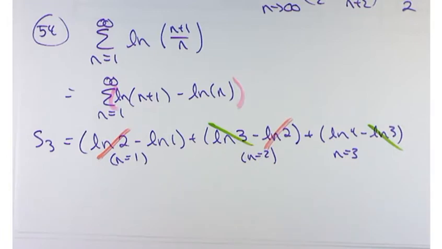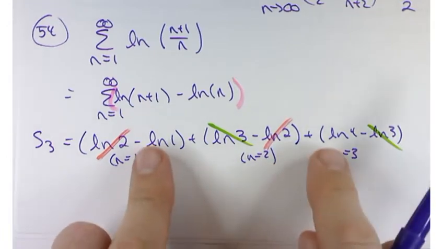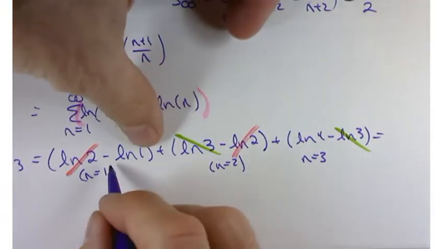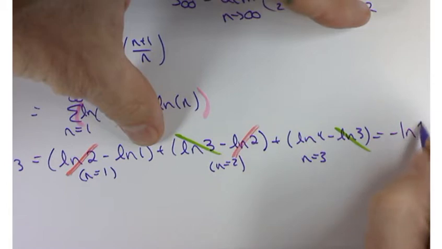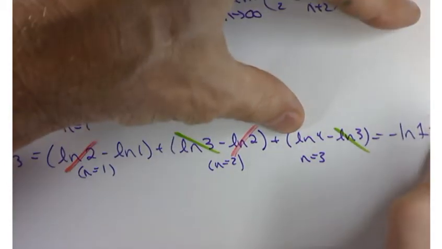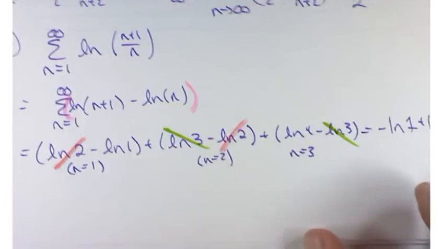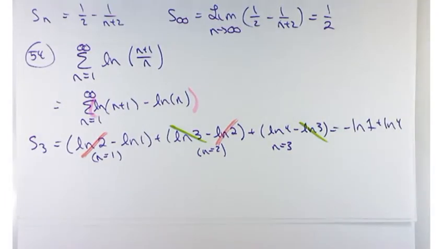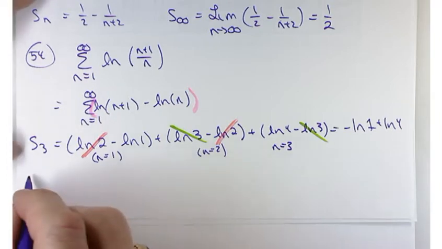What we're left with is part of the first and part of the last term: minus ln of 1, which is 0, plus ln of 4. Now maybe if you're good, you can figure out the pattern from here. Maybe you need one more example. It's up to you.